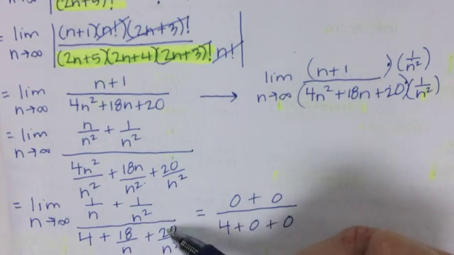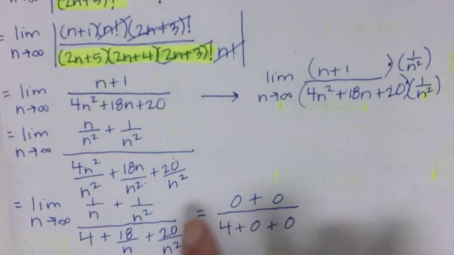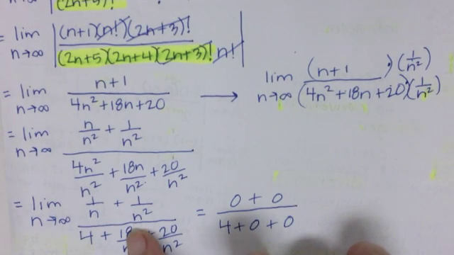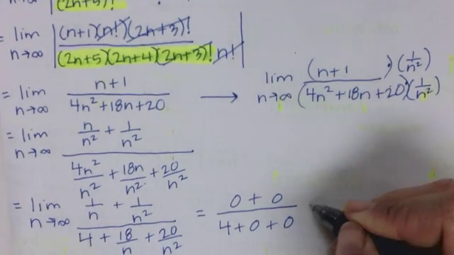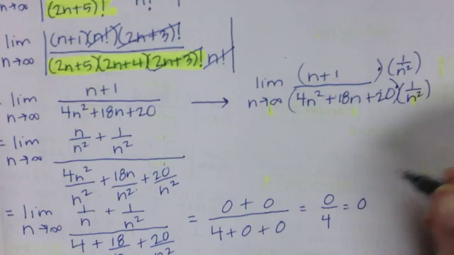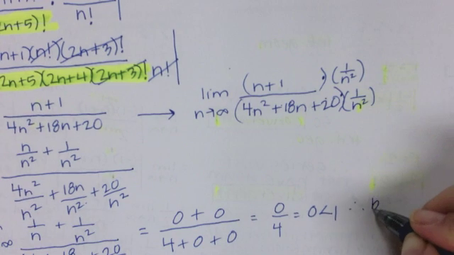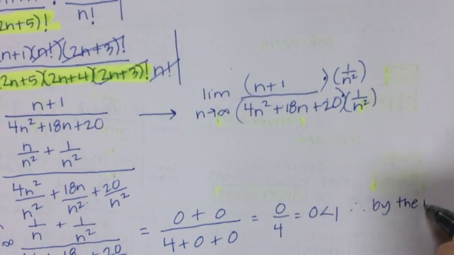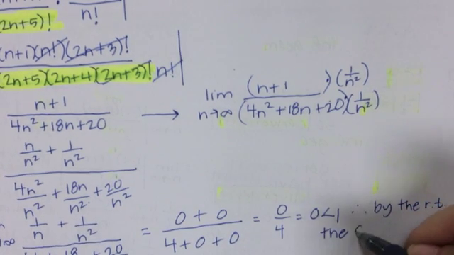Remember we talked about how that number up in front isn't going to affect it because you're going to pull it out in front and then it would be 1 over n, and that limit is 0, and then times the constant would still be 0, which is 0 over 4, which is 0, which is less than 1. Therefore, by the ratio test, the series is convergent.